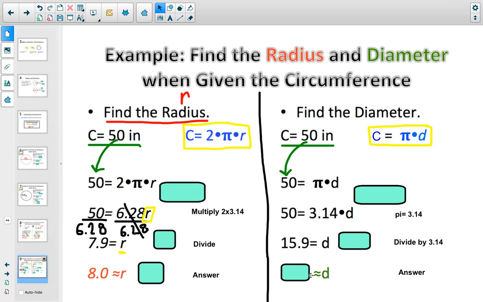And when you plug this into your calculator, in my calculator, if I do 50 divided by 3.14, I get 15.92. Since the number after the 9 is a 2 and 2 is not greater than 5, we cannot round up. So we're going to keep our answer at 15.9. So the diameter, given the circumference is 50, is 15.9.